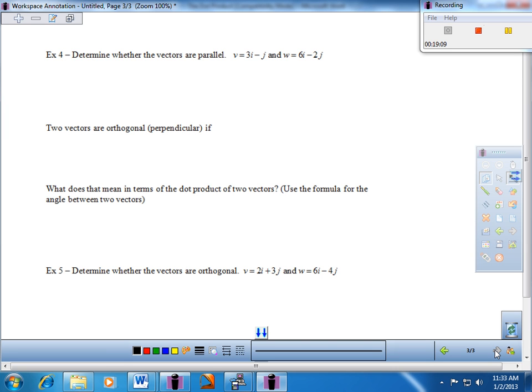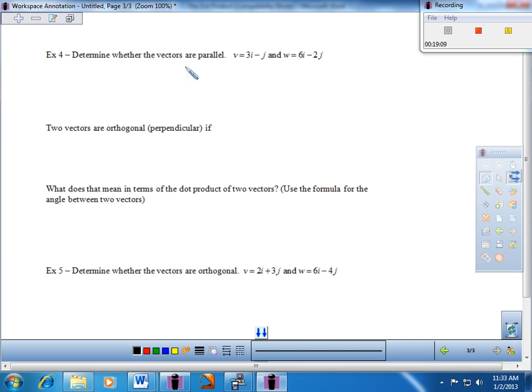So everyone, example 4 on your paper just says determine whether the vectors are parallel. All we need to know is the angle between them. Is the angle 0 degrees or 180 degrees? If it is, parallel. If not, not parallel. All right, let's go for it.